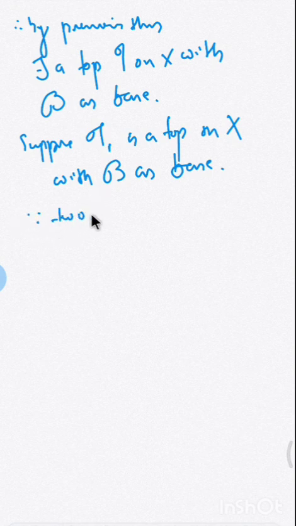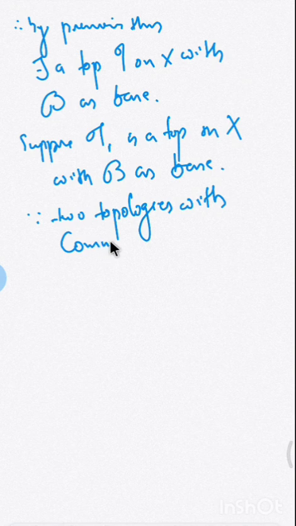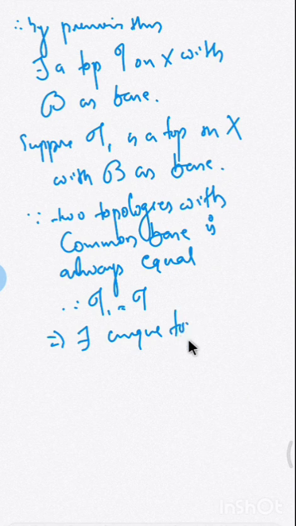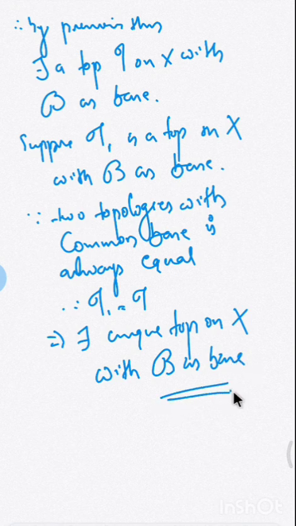Two topologies with a common base are always the same or equal. Therefore, tau1 is equal to tau, which implies there exists a unique topology on X with B as base. So, this proves the corollary.